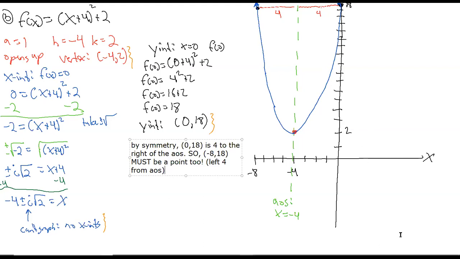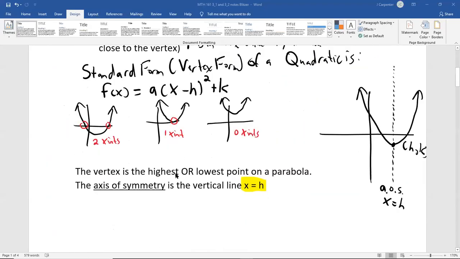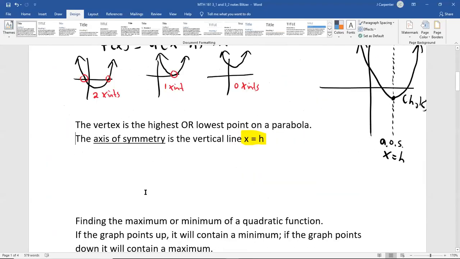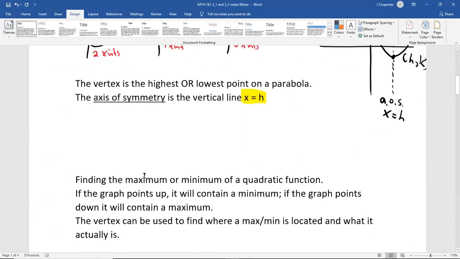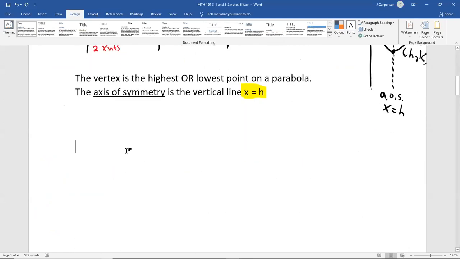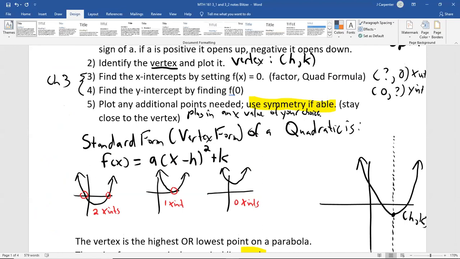So let's go back to the screen. And I have some stuff up here that I don't want to talk about yet. Nope, not that. That. Let's talk about the other form. So we mentioned earlier, standard form, also known as vertex form of a quadratic, is f(x) = a(x - h)^2 + k.